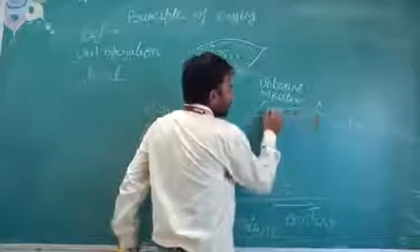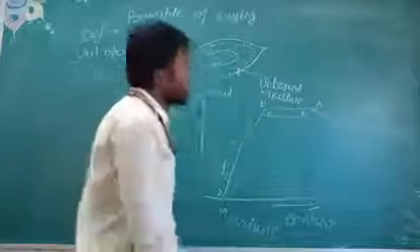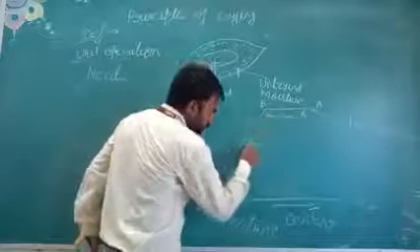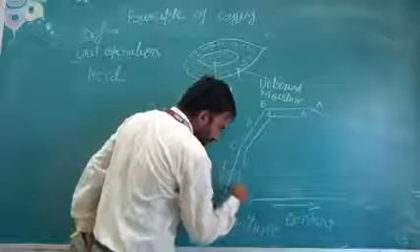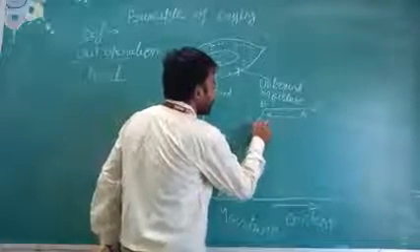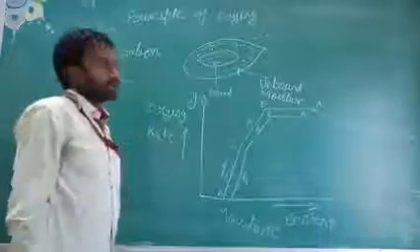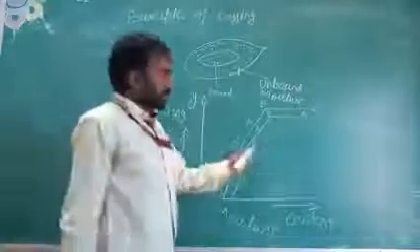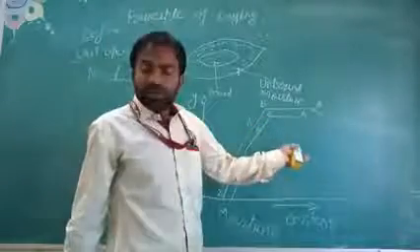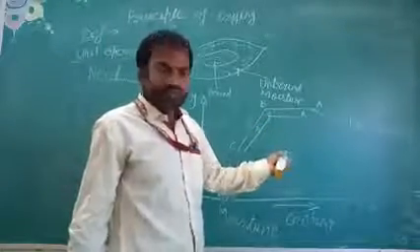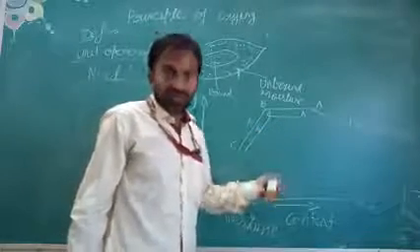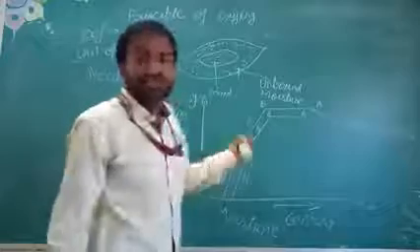This is A, this is B, and the first falling rate period and again the second falling rate period. Semi-perishable food attains its first falling rate period earlier, or in a shorter period.